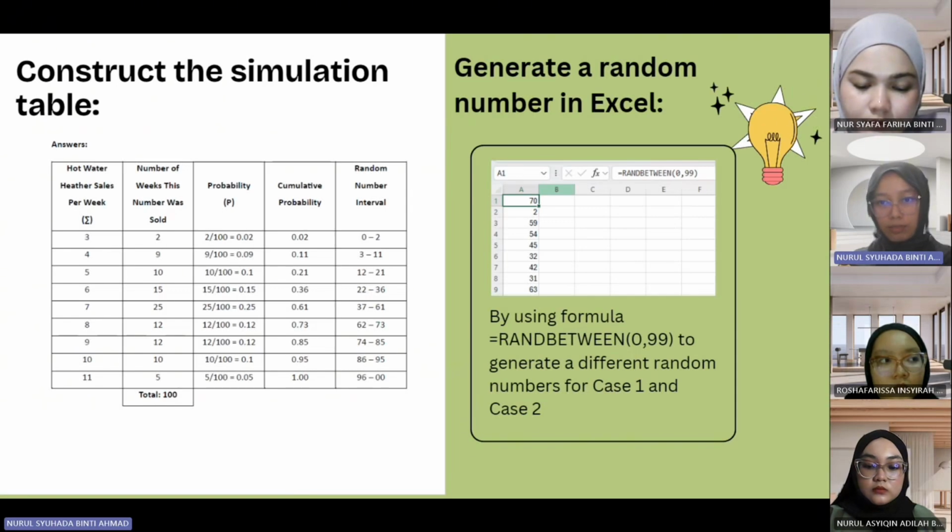So this is an example of how we generate the random number in Excel. We use the formula RANDBETWEEN and put in the numbers 0 and 99. We need to generate 20 random numbers.